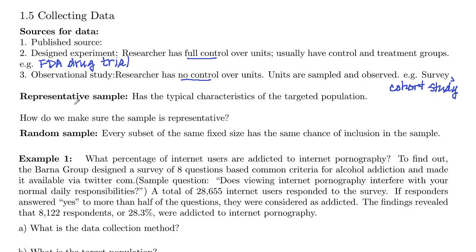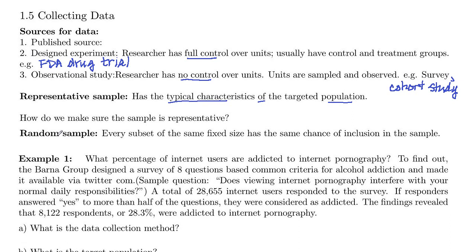A representative sample is one that has the typical characteristics of the population that you're interested in. So it has the same characteristics as your population. We'd like our sample to be representative. We'd like it to have all the same characteristics. How do we ensure that we've got a sample that's representative? Well, one thing we can do is take a random sample.